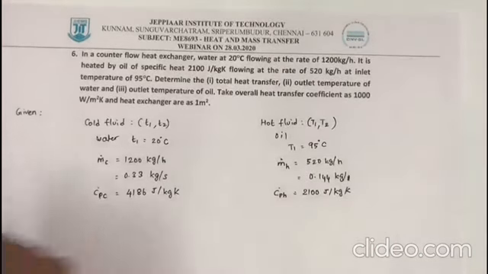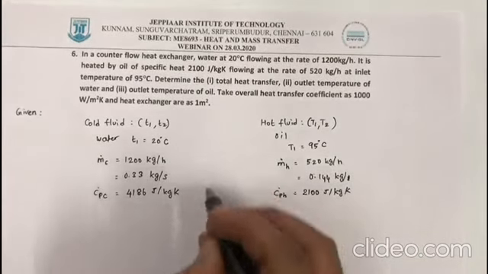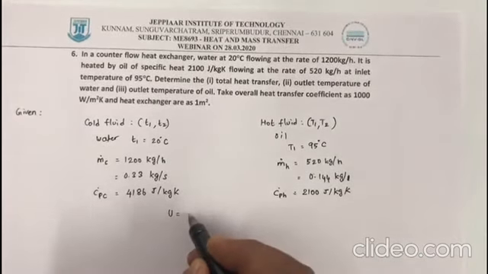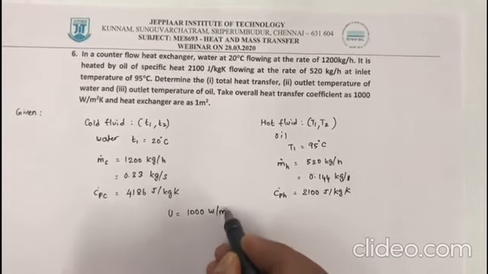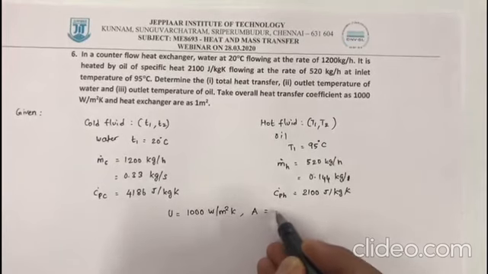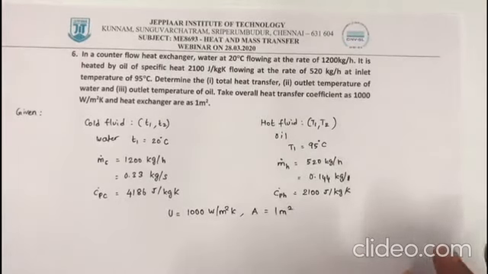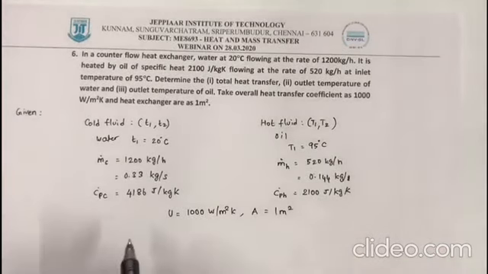So now this is the given data we have. You have been asked to take U, the overall heat transfer coefficient, as 1000 watt per meter square Kelvin and the area as 1 meter square. So the things that are given is over.